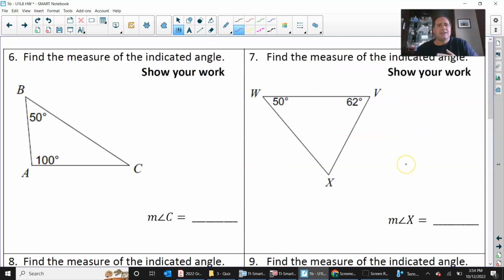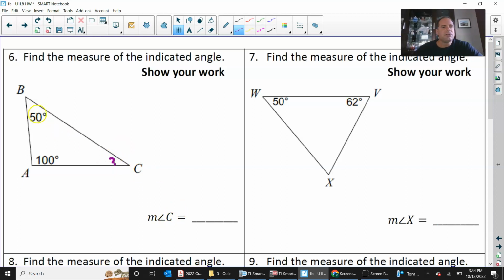So number 6, we're talking about triangular angles. This is pretty easy. It says find the measure of the indicated angle. They're asking about the measure of angle C, so we're talking about this angle right here.